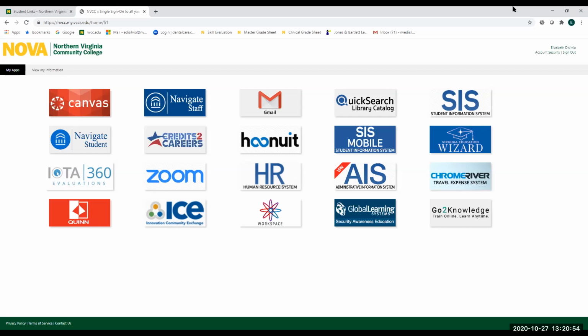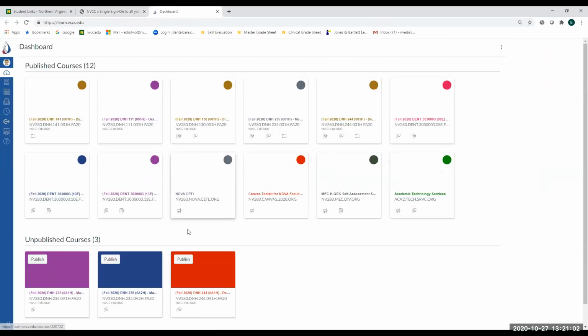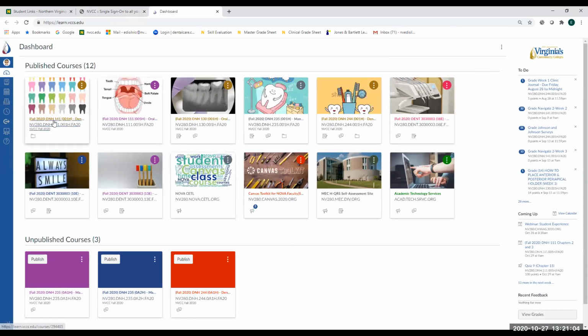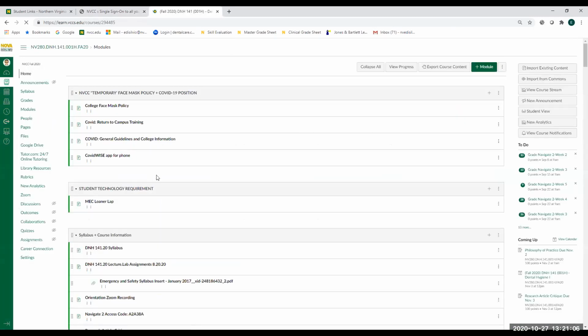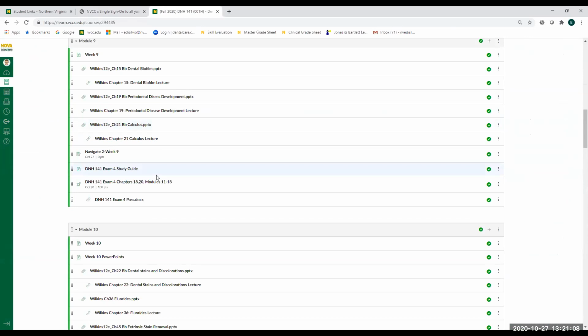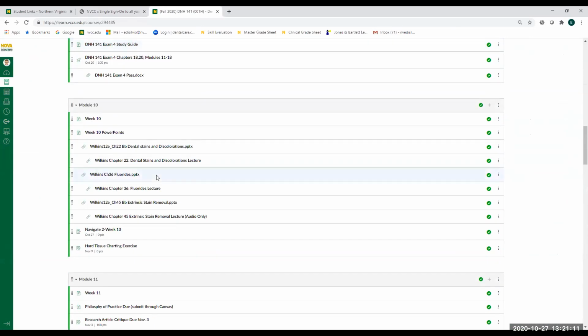Misty, I don't see the hard tissue assignment on Canvas. Well, that's where I found it. So let's see. Hard tissue charting exercises, week 10.